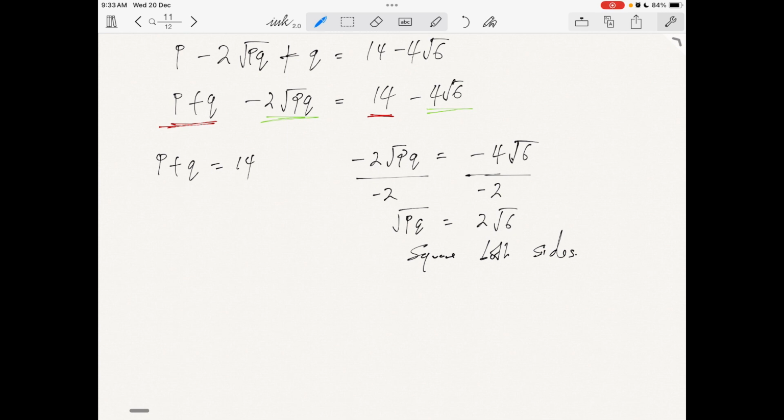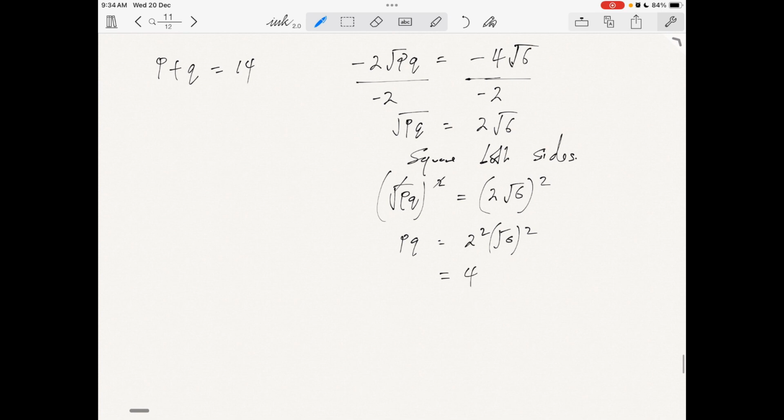So we square both sides: root pq all squared equals 2 root 6 all squared. The square and square root cancel, so we have pq equals 2 squared times root 6 squared. This will be 4 multiplied by 6. So pq equals 24. We'll call this one equation 1, and we can call the other one equation 2.